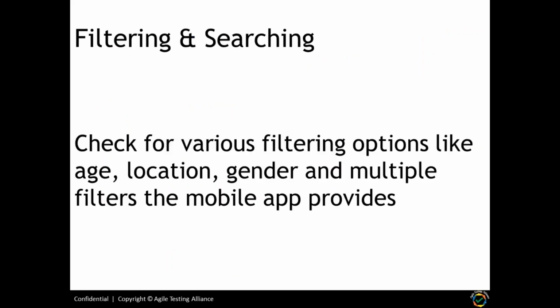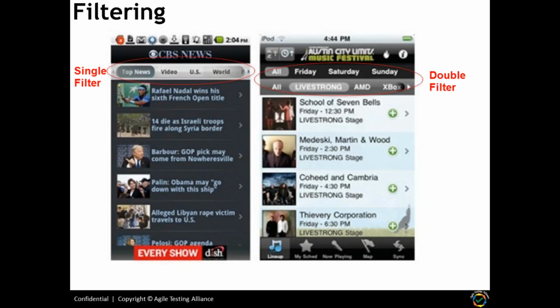Now the next thing we come to is filtering and searching. So what are the different filtering options or search options your mobile app provides, and from a testing point of view, what do we need to test, right? If you see an app like the CBS News app, there is a single filter where you have top news, videos, US and world.